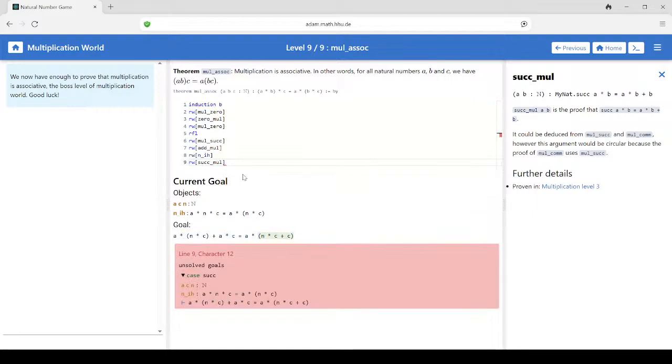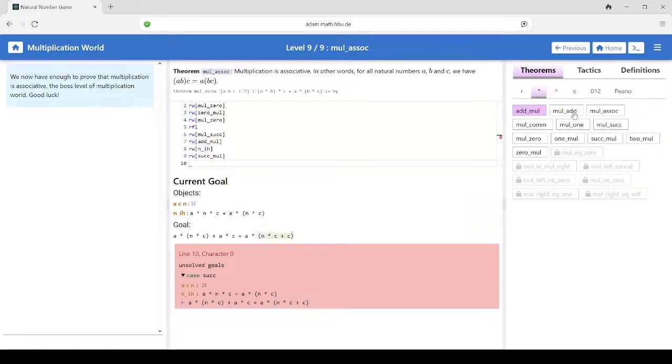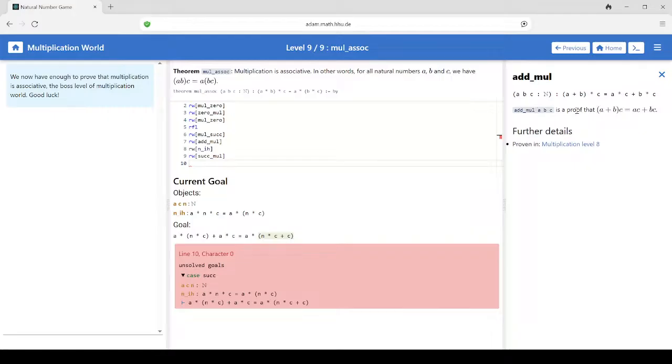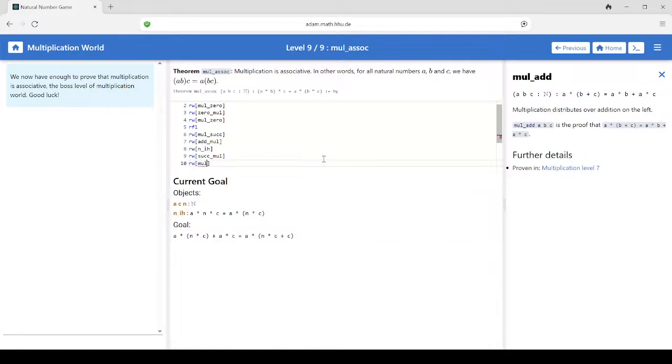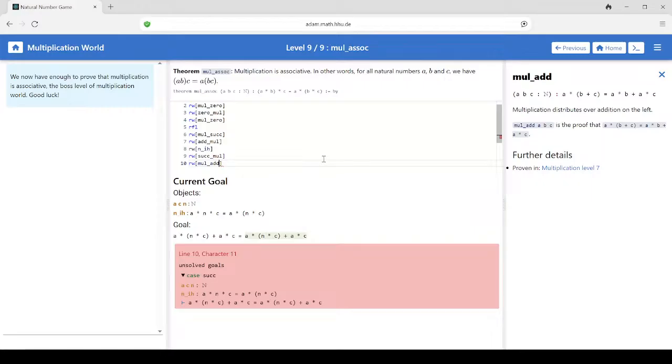And now we want to distribute the A. Oh, and that's it.